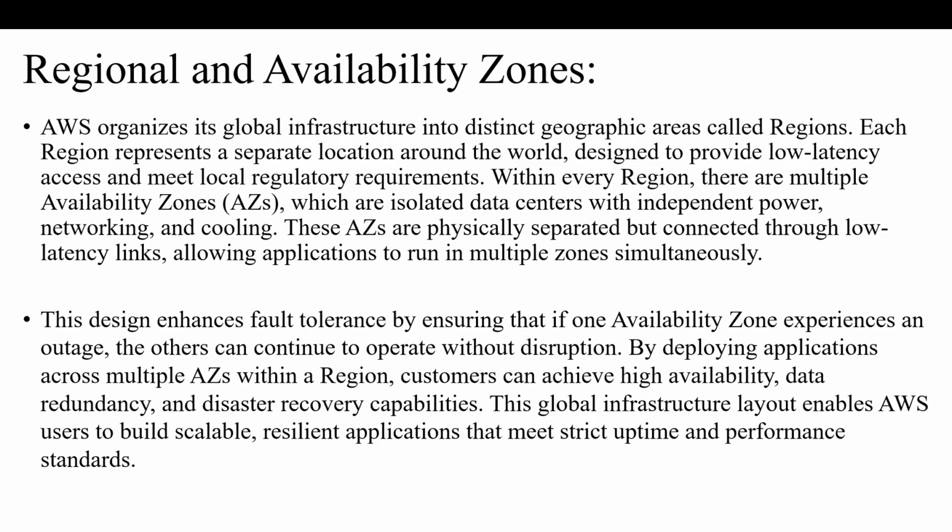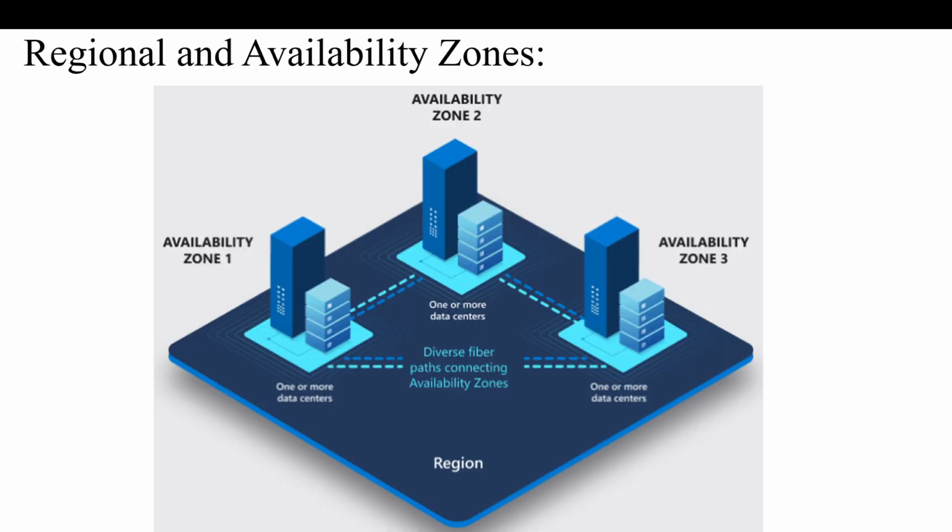This design enhances fault tolerance by ensuring that if one AZ experiences an outage, the others can continue to operate without disruption. By deploying applications across multiple AZs within a region, customers can achieve high availability, data redundancy, and disaster recovery capabilities. This global infrastructure layout enables AWS users to build scalable, resilient applications that meet strict uptime and performance standards.